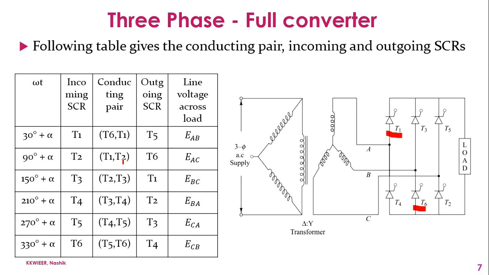Similarly, if T1 and T2 are conducting, then T1 is connected to A and T2 is connected to C. So the line voltage will be EAC. Similarly, all the combinations are written over here.